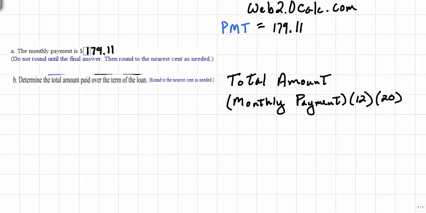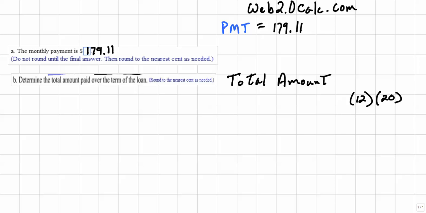So for this particular part of the problem, we just simply take the 179.11, we multiply that by 12 by 20, so 179.11 times 12 times 20. And then when we calculate that out, we get our total amount.